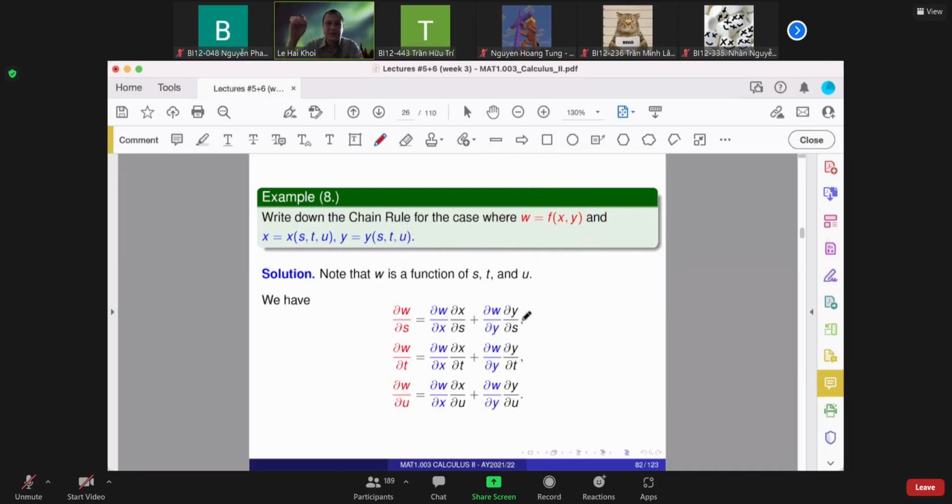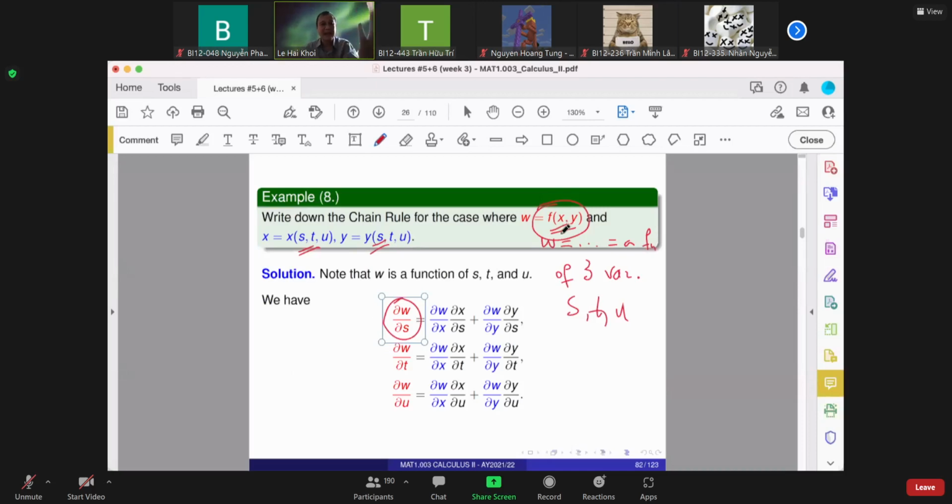So then you see, first with respect to s, because x and y are both functions of s, t, and u, then w is a function of three variables. If we want to talk about the variables inside, s, t, and u, here only two variables, x and y.